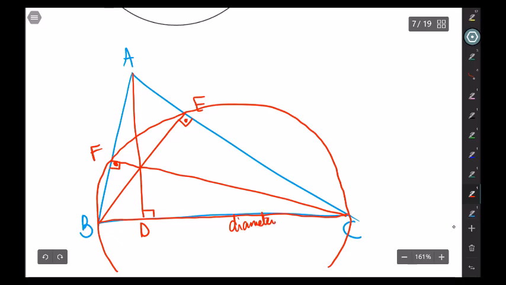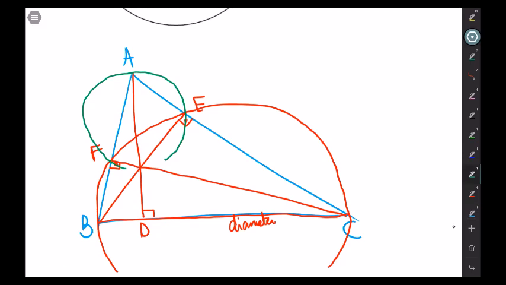Okay, so then we can obviously now draw the circumcircle of AFE. And now our goal is to show that AFE has the center on AD. Why is it that the center of that circle is on AD? Well, first of all, let's just put things in order.